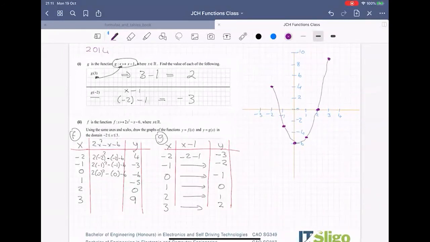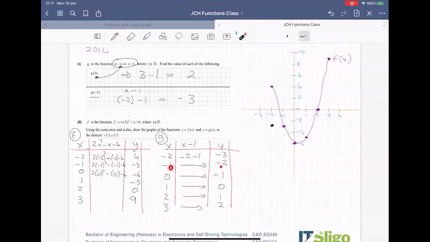Okay, and make sure that you always label your curve. Let me change to black for my next curve because I haven't used black yet on this. So my g curve, I have -2, -3. So -2, -3, and you try and ignore the purple curve for now because you're not even dealing with it.